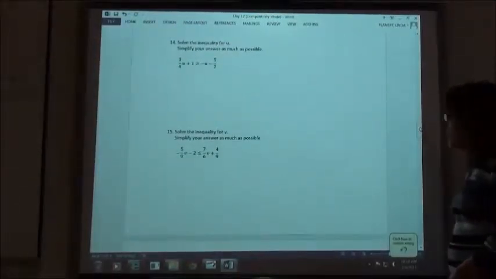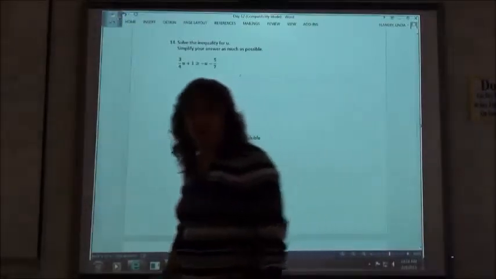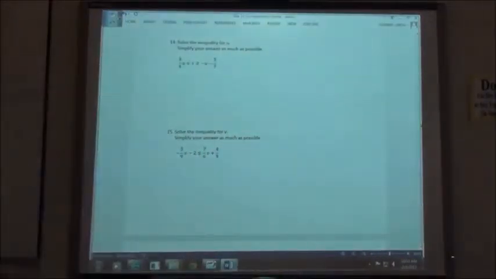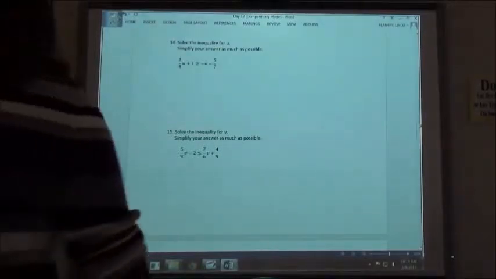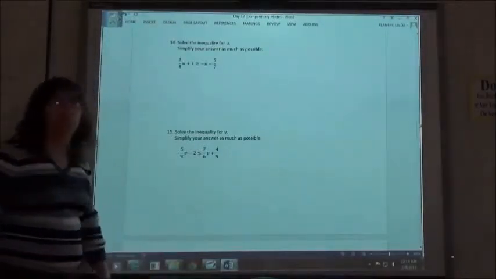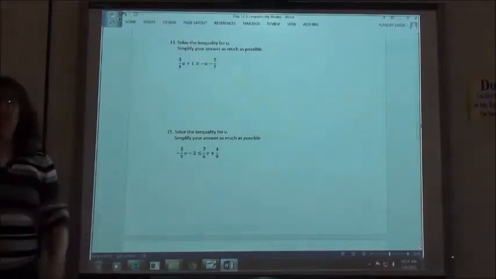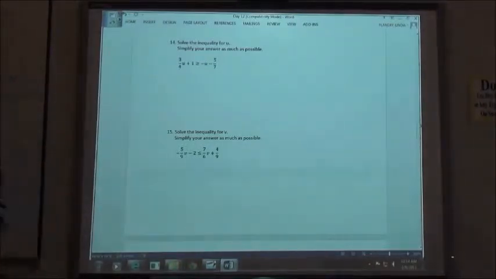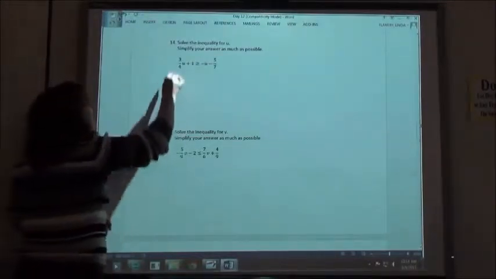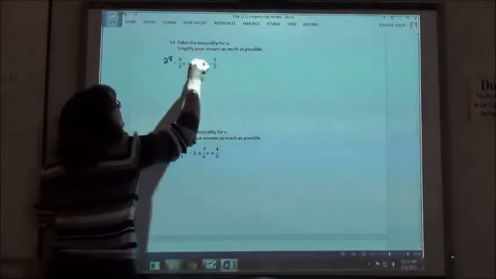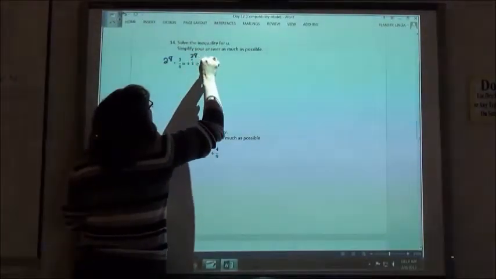So if I look at number 14, what should I multiply by? 28, because I have a 4 and a 7 in my denominators, right? I'm going to multiply every term by 28, including those whole numbers.